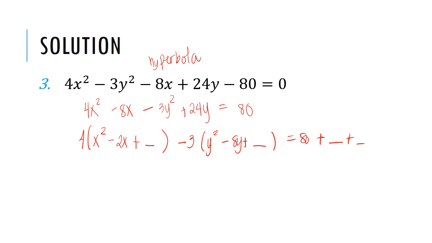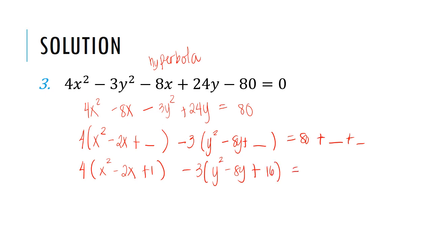Now we complete the square of the terms inside the parentheses. We have x squared minus 2x, divide negative 2 by 2, that is negative 1, and squaring negative 1 we have positive 1. Minus 3 times y squared minus 8y plus, divide negative 8 by 2, that is negative 4, and negative 4 squared is 16.